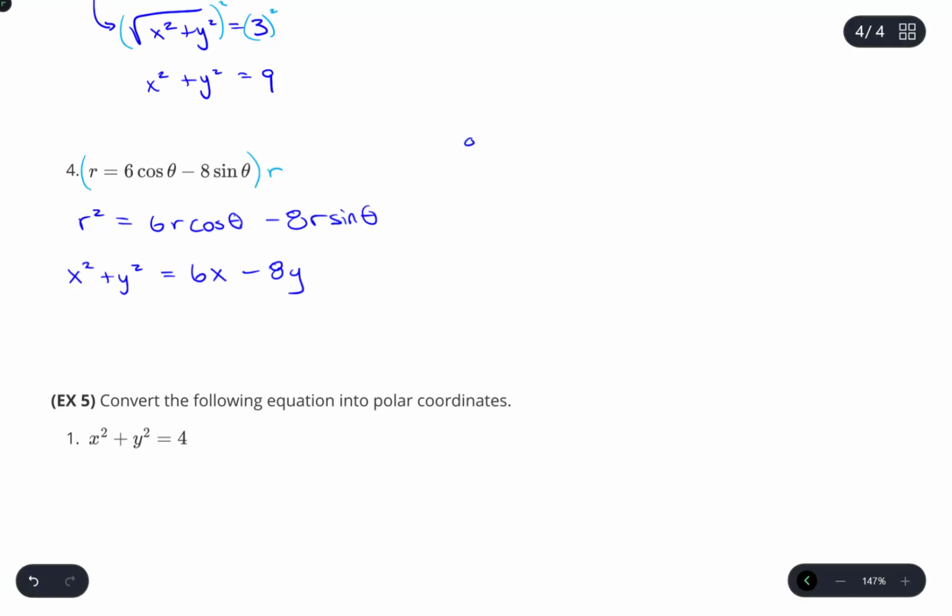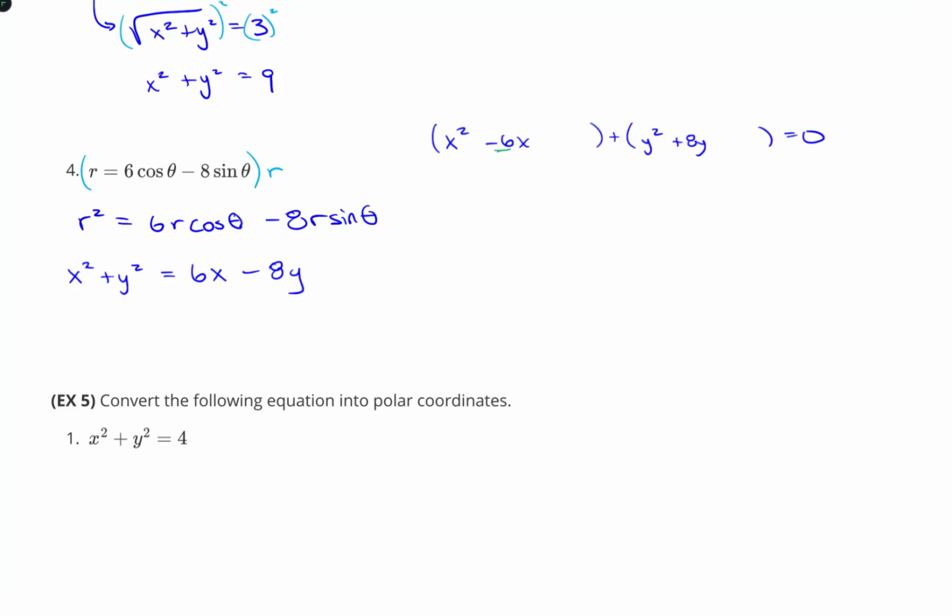So right now I have x squared minus 6x, I'm going to leave some space for the x's, then y squared plus 8y, and leave some space for the y's, and complete the square. So the negative 6 divided by 2 would be negative 3, 3 squared would be 9.